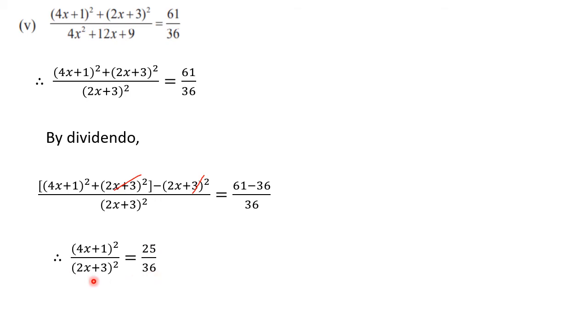So we can take the square root on both the sides, and this square will get cancelled. So 4x plus 1 upon 2x plus 3 is equal to 5 upon 6, because 25 is the square of 5 and 36 is the square of 6. So we have taken square roots on both the sides.